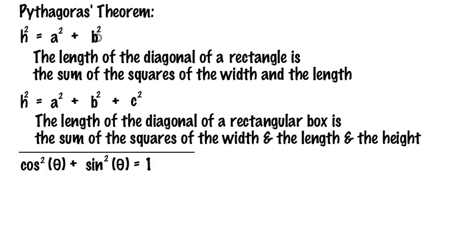Translate that into something about rectangles. The length of the diagonal of a rectangle is the sum of the squares of the width and the length. This also goes in higher dimensions. The length of the diagonal of a rectangular box is the sum of the squares of the width and the length and the height.